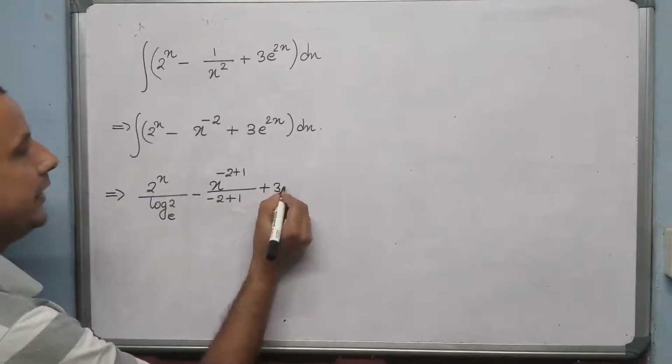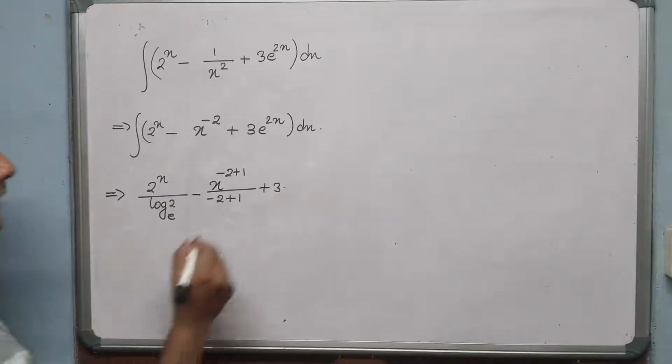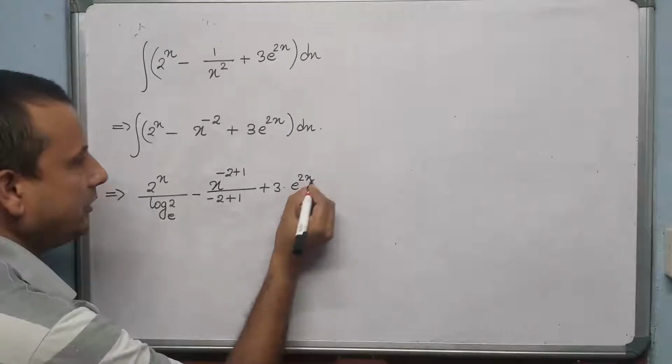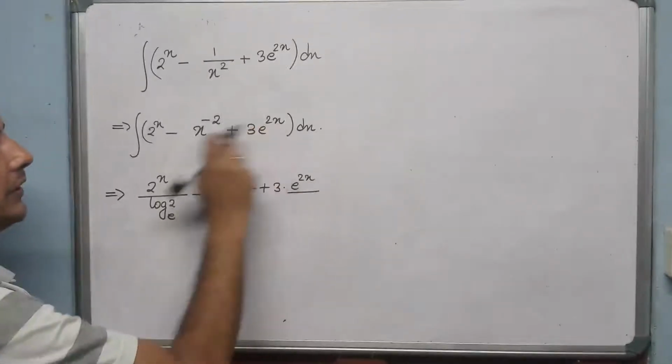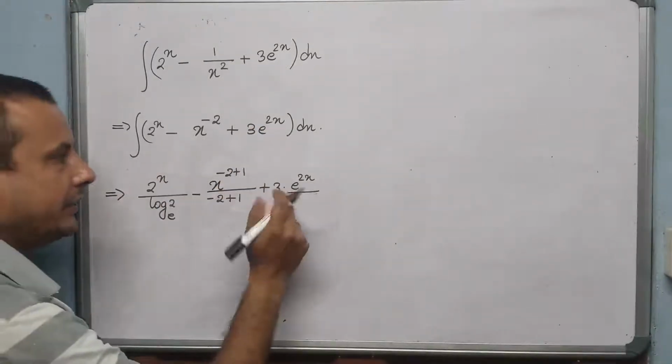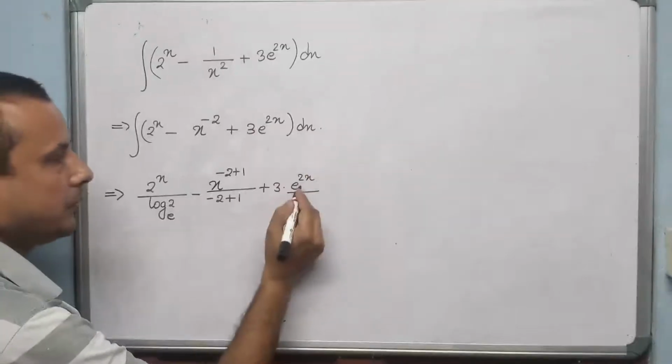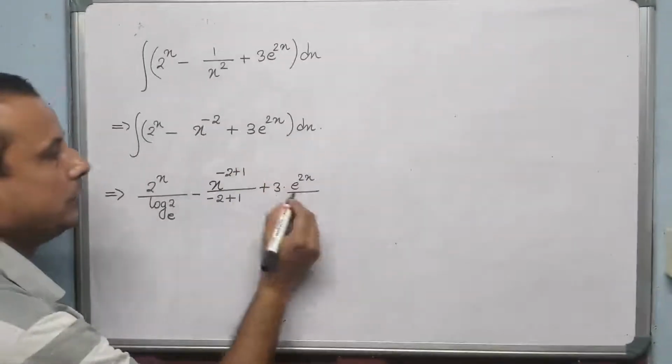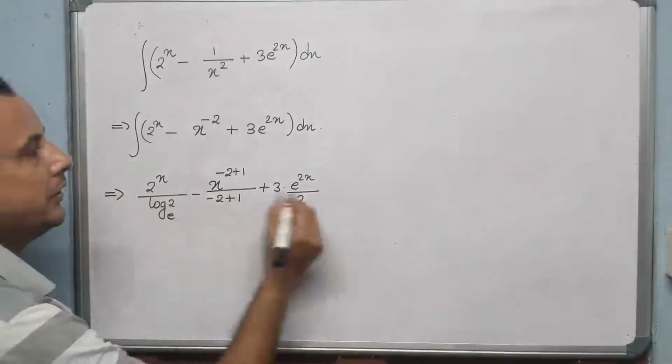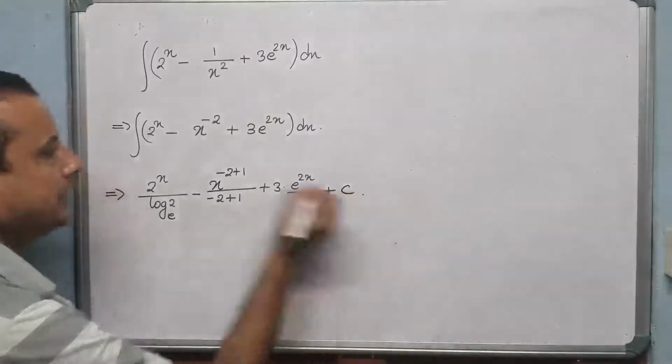Plus 3, now the integration of e to the power 2x is e to the power 2x. I already told you that if some constant is attached with the variable, you have to divide the integral by it. What is the coefficient of x? 2.